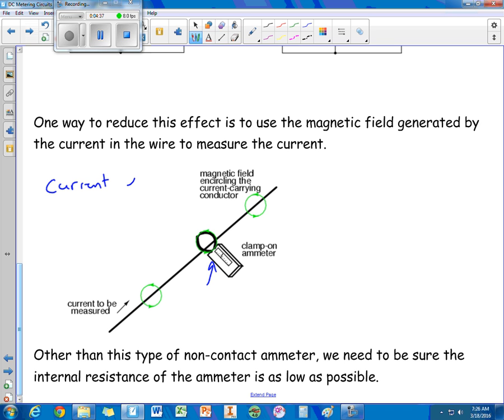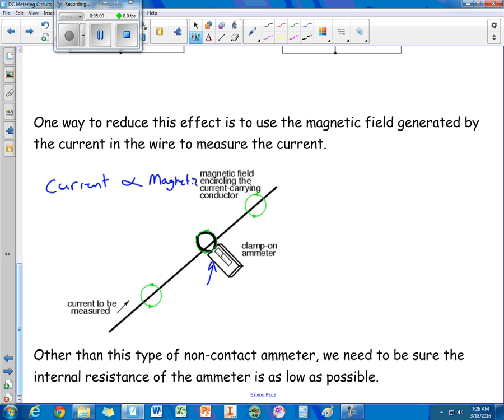The current is proportional to the magnetic field. So the stronger the current, the greater the magnetic field. So this device, when it measures the magnetic field directly, it's indirectly measuring the current. And this would be a non-contact ammeter then. And then it wouldn't matter what the resistance of the ammeter is at all.